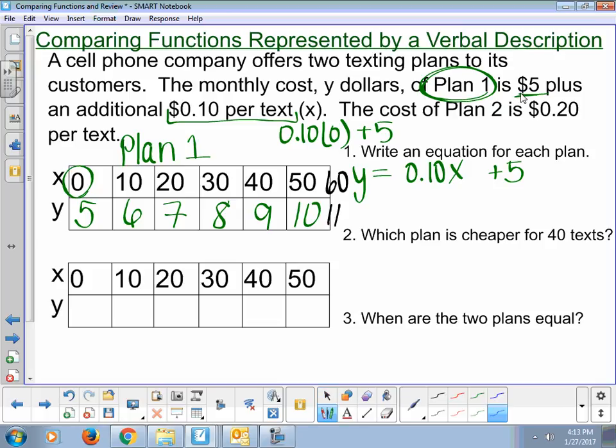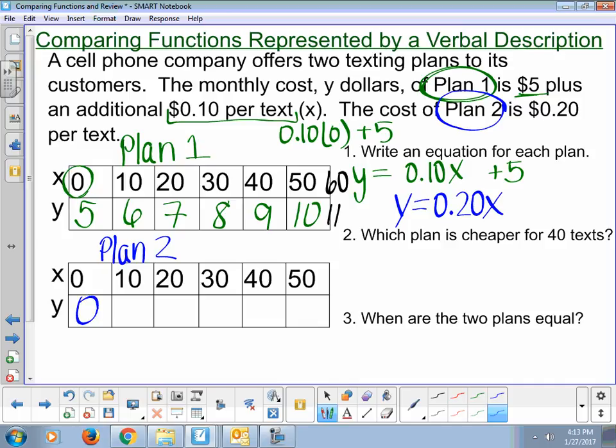If we look at the cost for Plan 2, there is no monthly fee, but each text message costs 20 cents. So we have the equation y equals 0.20x. If you fill in your table for Plan 2, at 0 text messages, 0 times 0.20 is going to be 0.